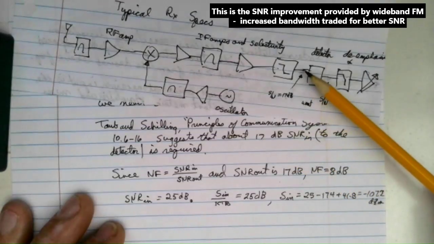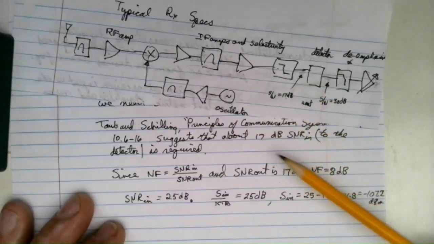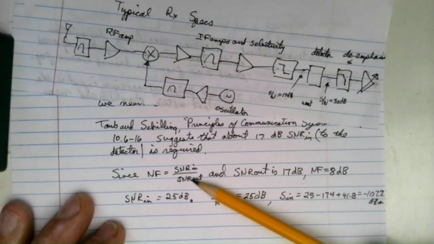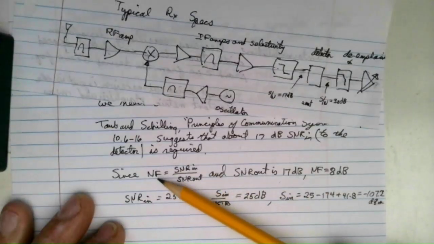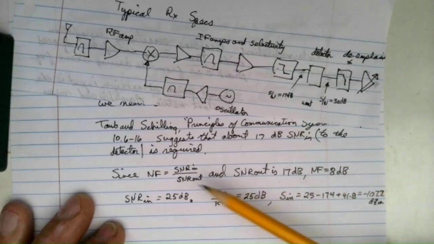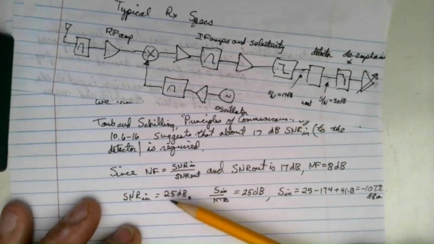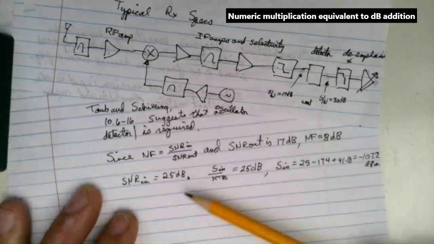Now, our receiver noise figure is 8 dB, and the definition of noise figure is SNR in divided by SNR out. We know this is 17, and we know this is 8 dB. So what SNR in do we need? The answer would be 25 dB. 17 plus 8, 25 dB.